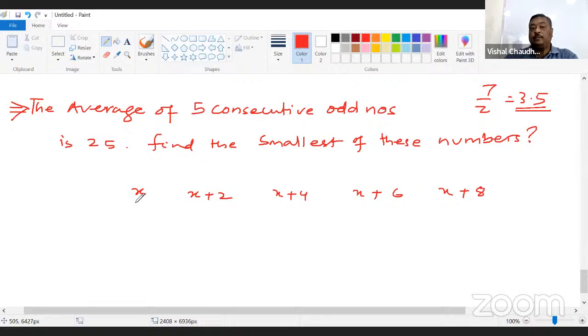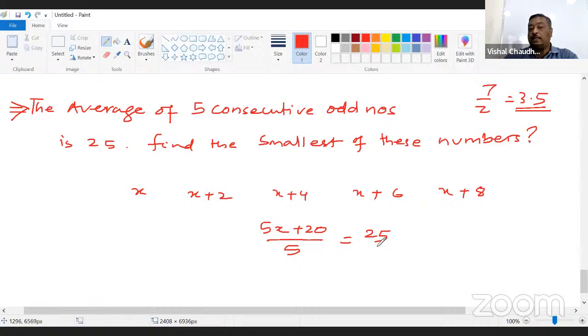The average is 25. So x plus x plus x plus x plus x, that is 5x, plus 2, 4, 6, 12, 8, 20. So (5x plus 20) by 5 is equal to 25.